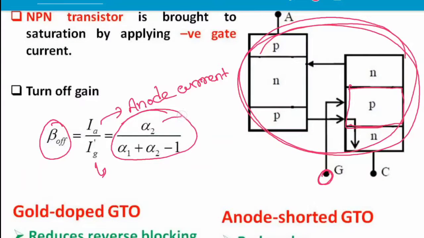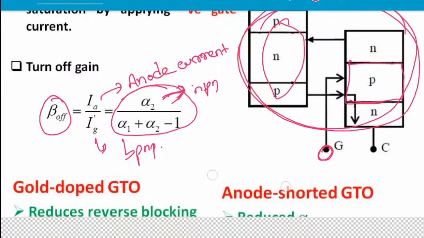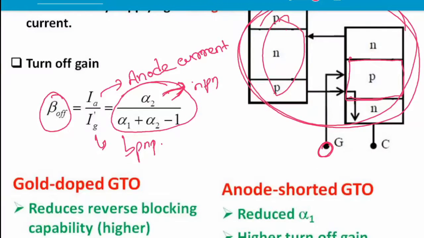What are alpha 2 and alpha 1? These are the gains of these transistors. The alpha 2 is for the NPN transistor, alpha 1 is for the PNP transistor. And what is alpha? I will discuss in BJT.